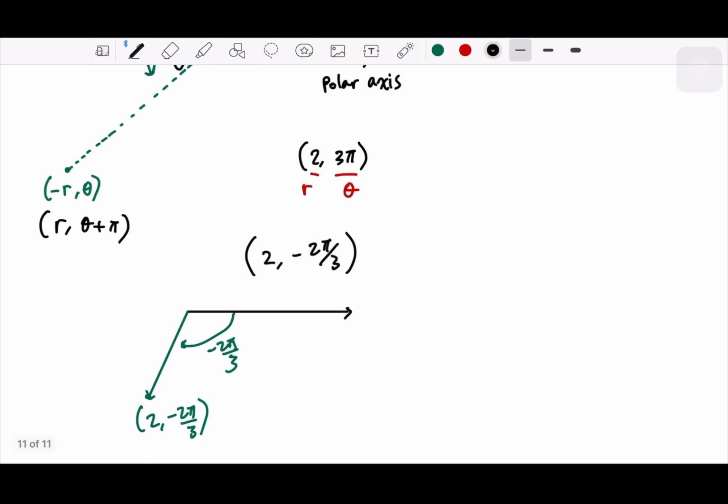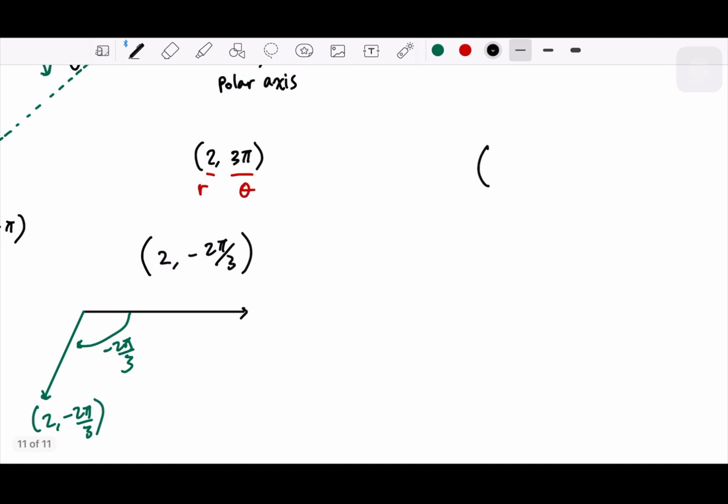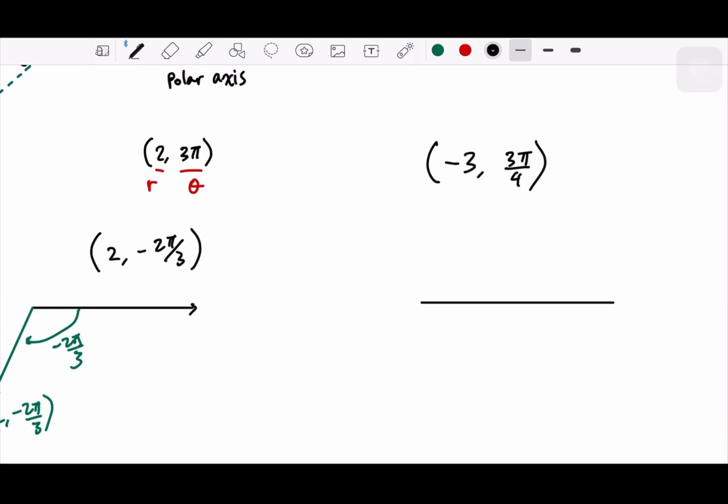Now, the problem that I mentioned, let's say −3π/4. Let's start with the polar axis.